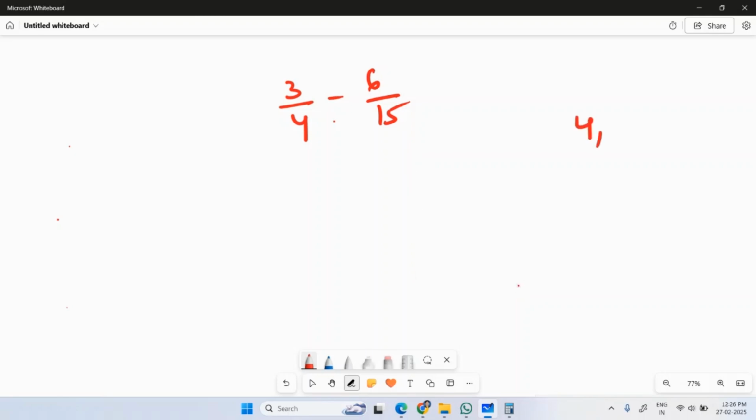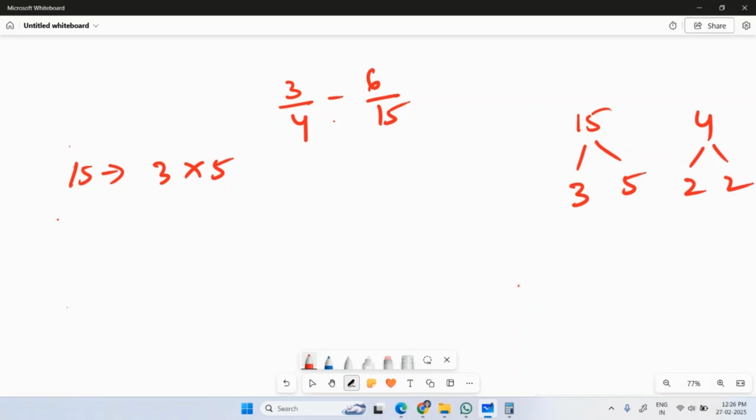What do we do? Let's solve the LCM by using prime factorization. So 15's prime factors are only 3 and 5, and 4's prime factors are only 2 and 2. Here we do not have any common factors, so let's multiply all of them. All the factors are 3 times 5 times 2 times 2, which is nothing but 60.